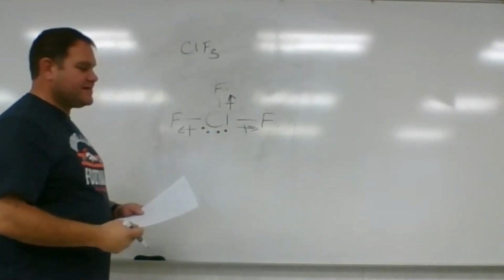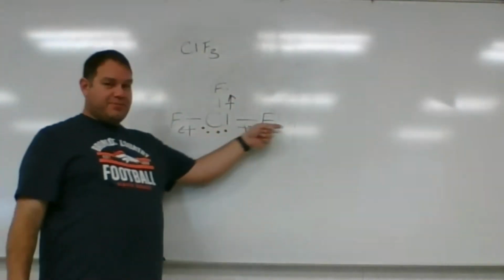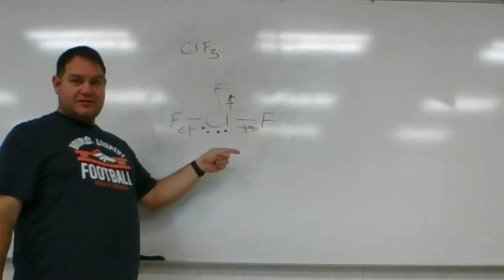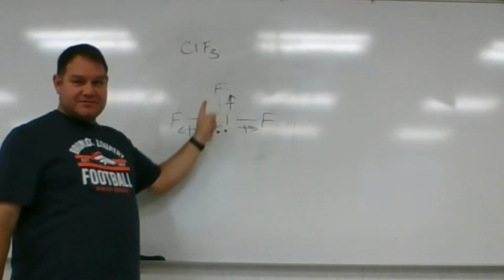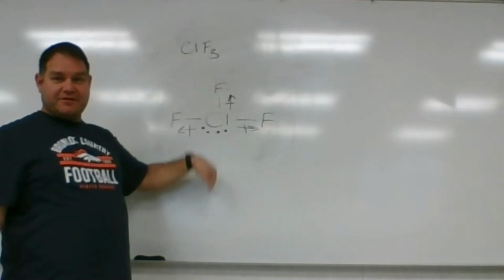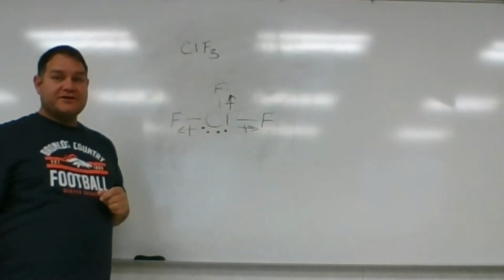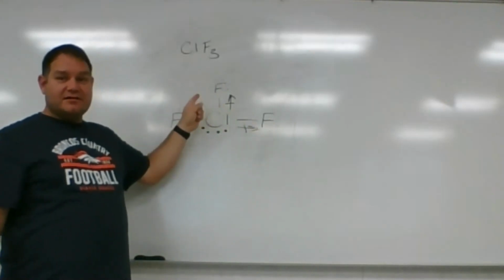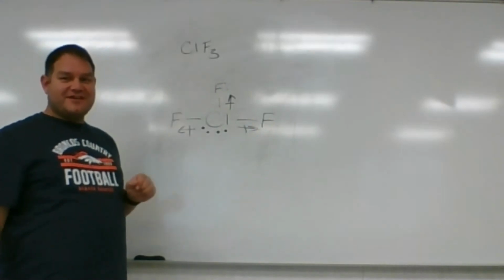Now, do they cancel out? Two of the dipoles do. This dipole and this dipole are going in opposite directions, so this cancels out, but this dipole does not. There's nothing to cancel out the upward dipole, nothing going down. So therefore, this is a polar molecule, even though these two dipoles cancel out. And look, we have some lone pairs on that central atom.